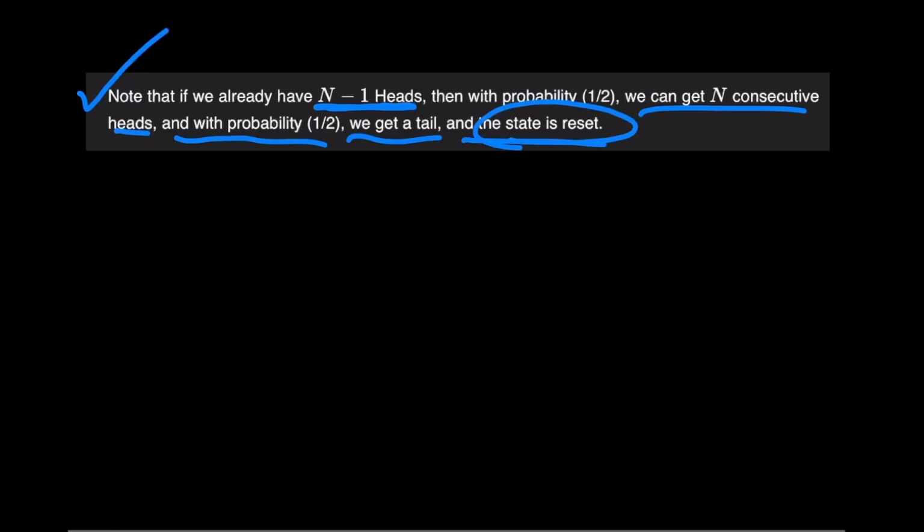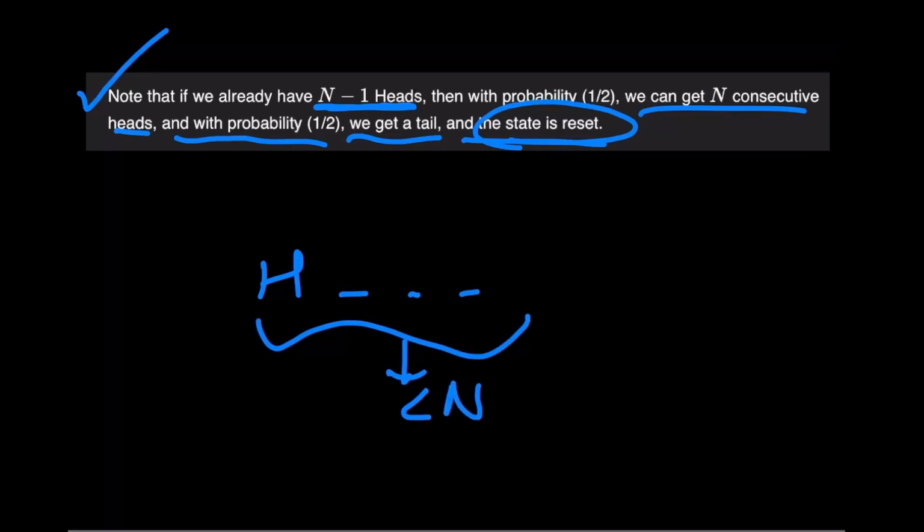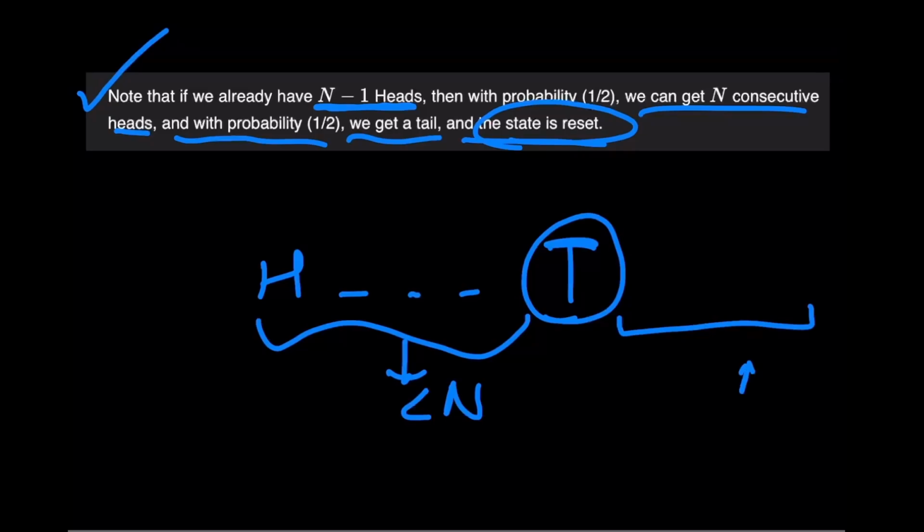Now think about it. If you get any number of heads, given that this is less than n, and then you get a tail, since all of the heads that we need are consecutive, this tail makes sure that from this point onwards we have to do the entire work again. We have to bring about n consecutive heads again.